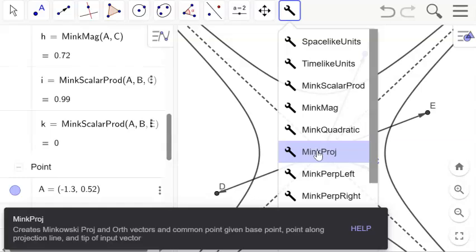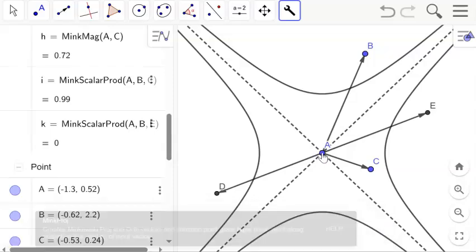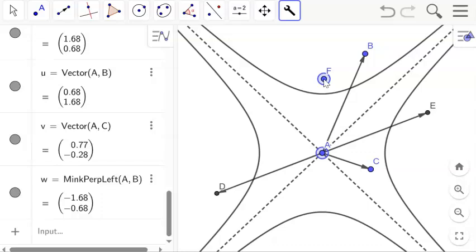So it's best demonstrated just by an example. Let's first do it in a way that's pretty intuitive. I'm going to have A be a base point here. F is going to, oh, actually, let's see.